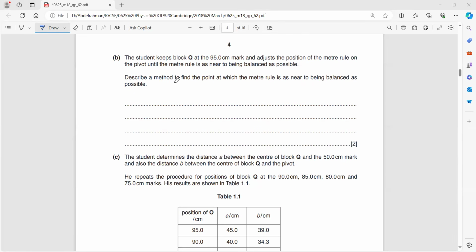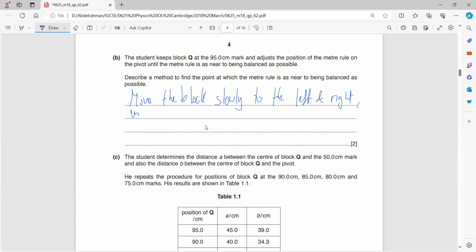How can he make sure that it is balanced? Very simply, he should move the ruler, slowly to the left and to the right, until the ruler tips to either side.